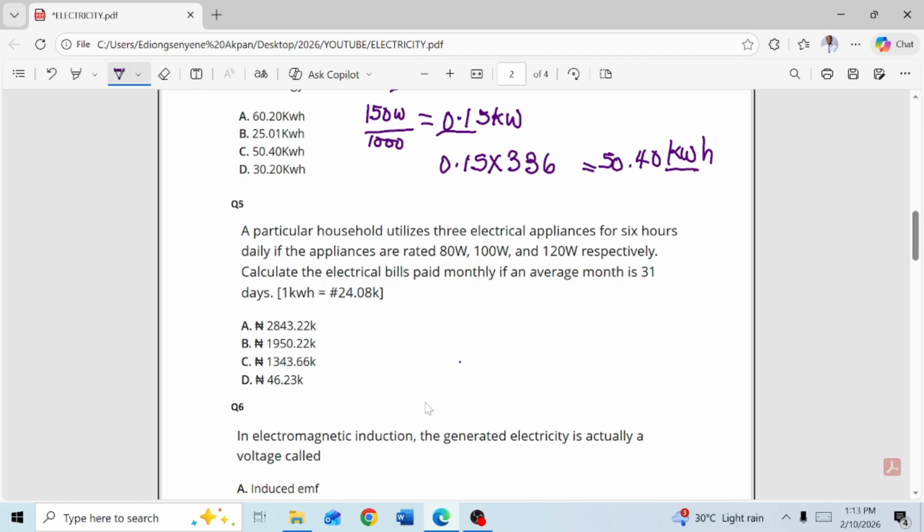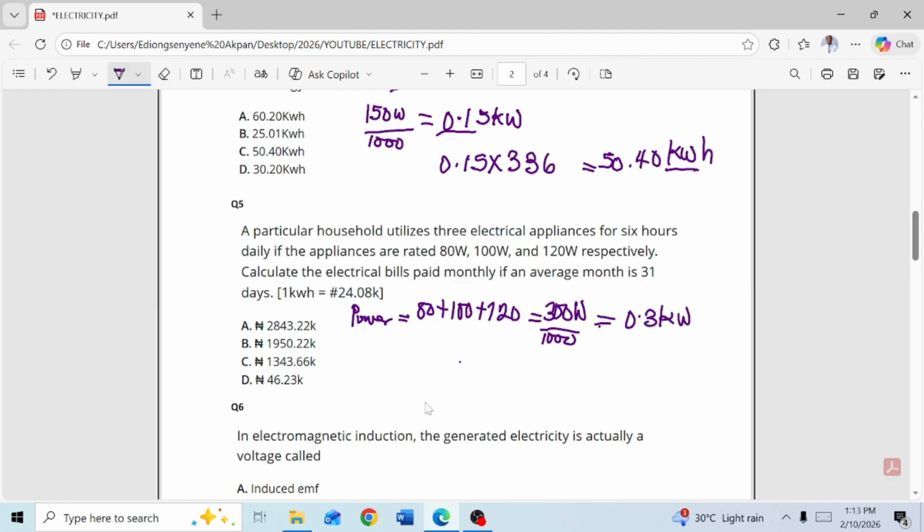Now, for us to find this, we will first find the total power used. So total power will be 80 plus 100 plus 120. That will give us 300 watts. Next, we convert 300 watts to kilowatts by dividing by 1000, and we have 0.3 kilowatts.